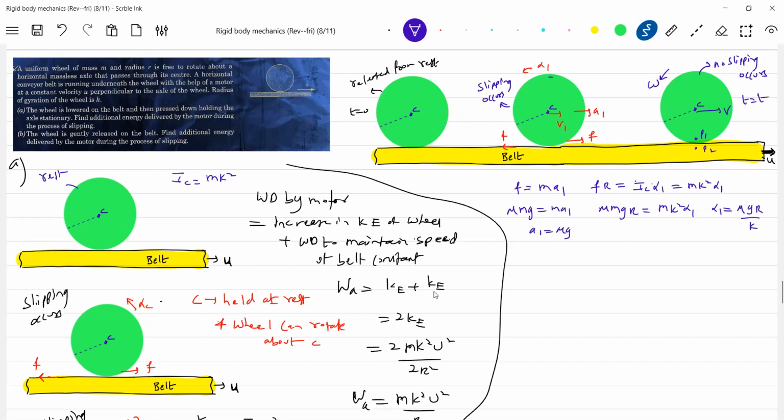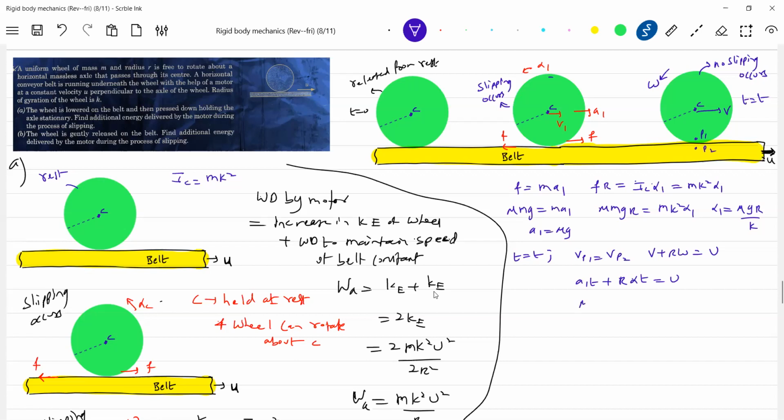Then for no slipping at time t equal to t, what should be the condition? Vp1 should be equal to Vp2. Vp1 should be equal to v plus R omega, and this should be equal to U. v equals a1 t, and omega equals alpha 1 t.